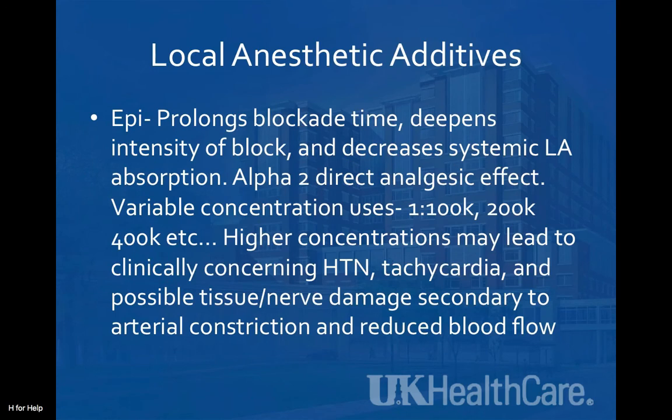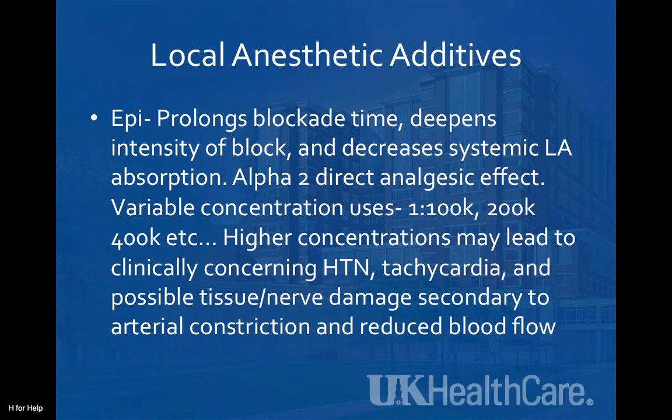So with all of the medications that we can add to the mixture, we have epinephrine. In terms of its mechanism of action, it's an everything agonist, alpha and beta, okay? The agent serves to decrease the systemic absorption because it's a vasoconstrictor.